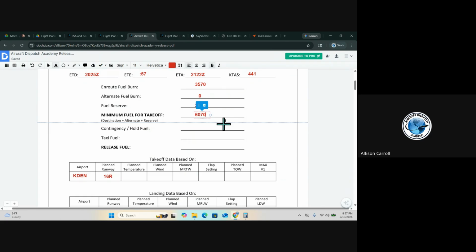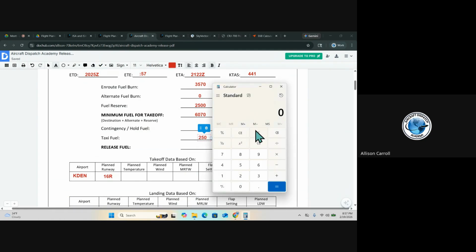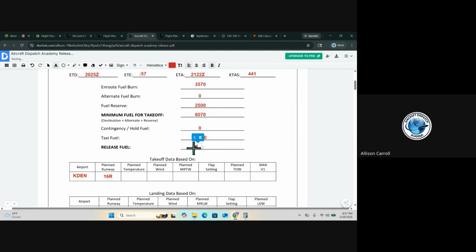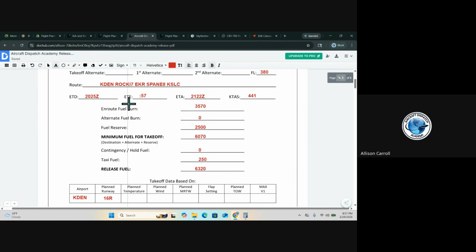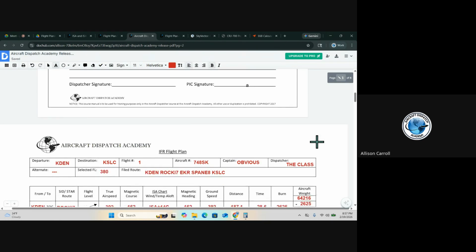The 6,070 pounds. We don't have any extra fuel. Our taxi fuel is always 250. And that means our ramp fuel is 6320.